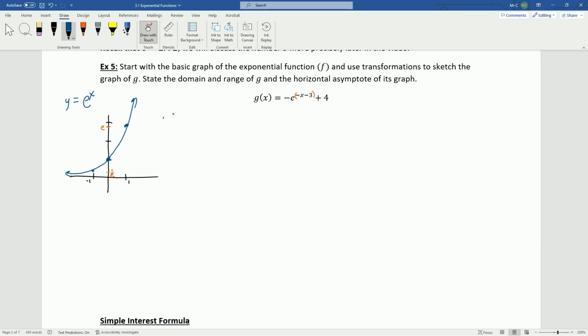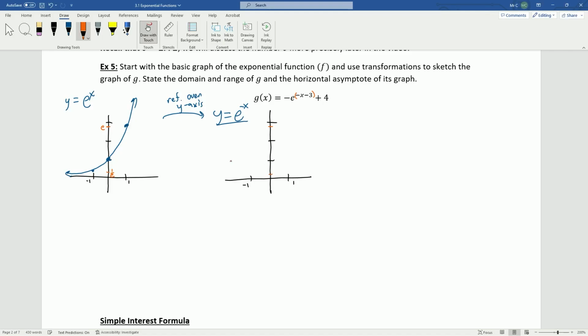We've got multiplication by x and then subtraction, and multiplication comes first. So we go, okay, let's look at y equals e to the negative x. And when we make x negative, that's a reflection over the y-axis. And again, I'll make all the same marks.